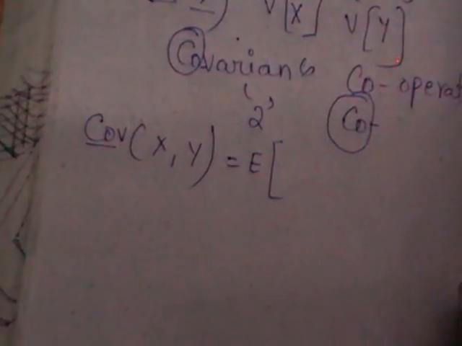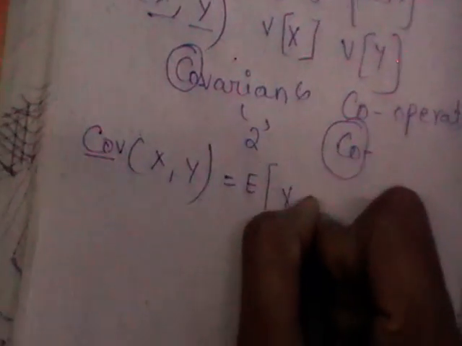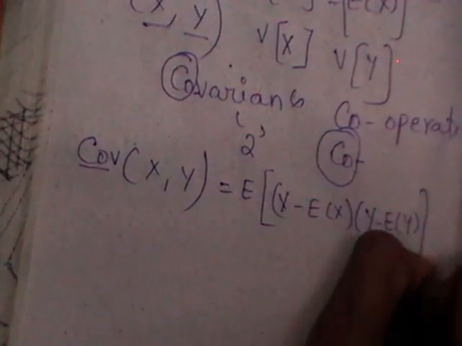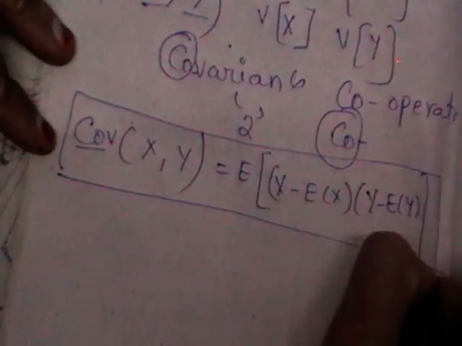Its formula in terms of expectation: for variance you write E of (X minus E of X) whole square; here you will write E of (X minus E of X) into (Y minus E of Y). This is the formula for covariance of x, y.